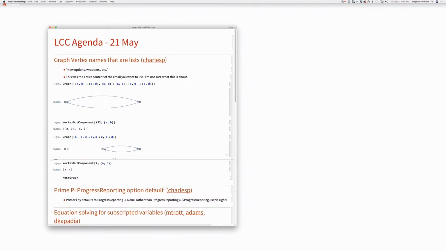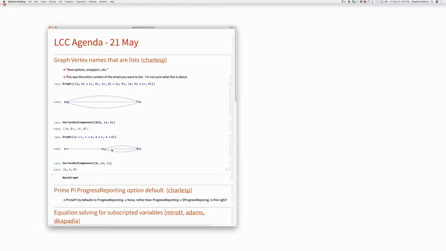So I'd say A goes to D, for example. Is this right or wrong? It's right. Okay, but what's a failing case?